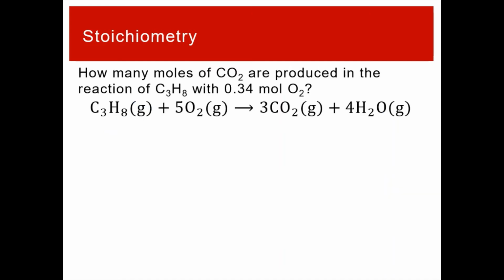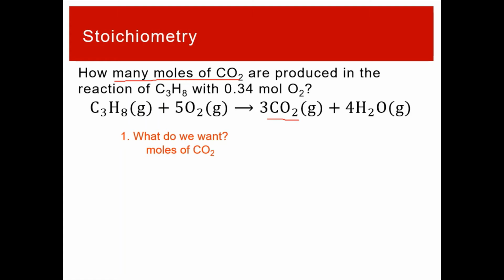So, how many moles of CO2 are produced in the reaction of C3H8 with 0.34 moles of O2? We want to start by asking, what do we want? And we're told it's how many moles of CO2. We can see CO2 is a product.